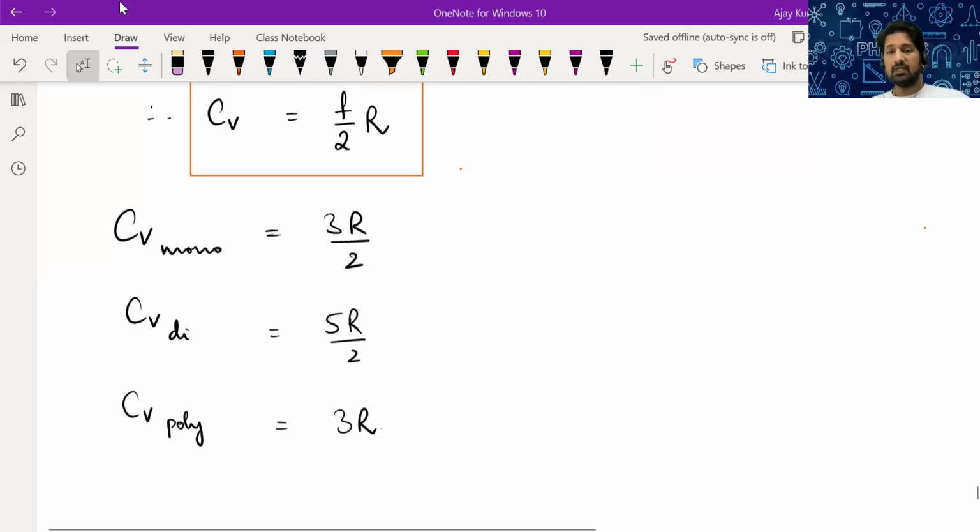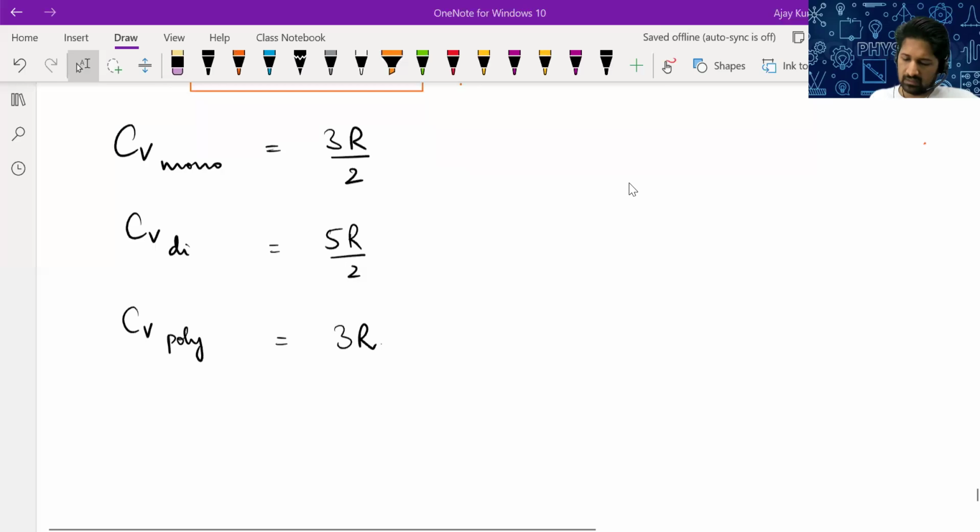And today we solved one problem where we considered a mixture of gases, N1 moles of one type of gas having Cp1, N2 moles of another type of gas having Cp2, and we derived the effective molar specific heat. We can do the same with Cv also.